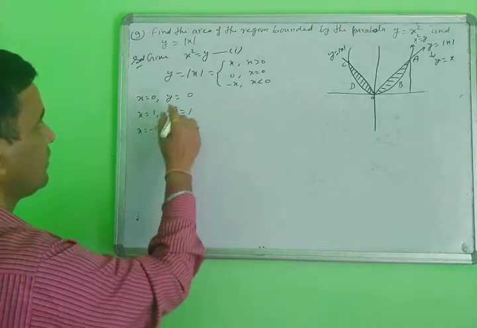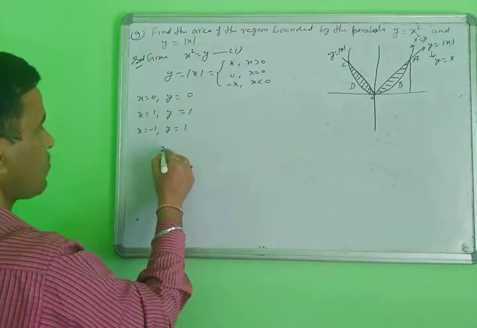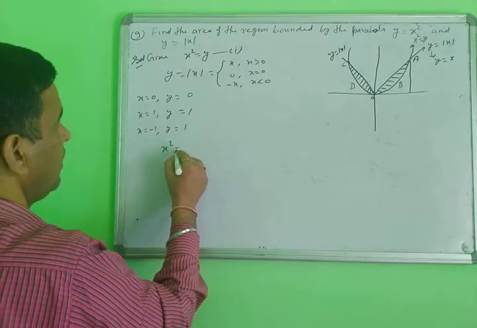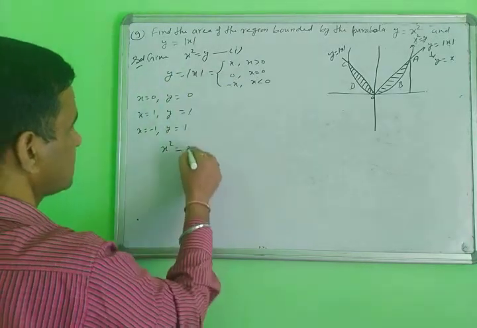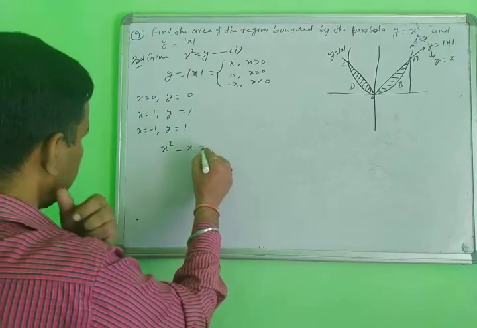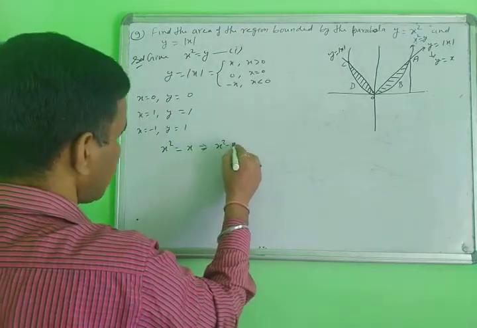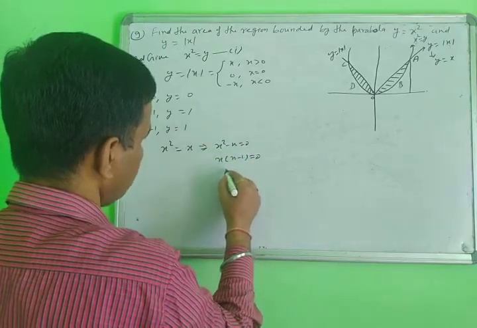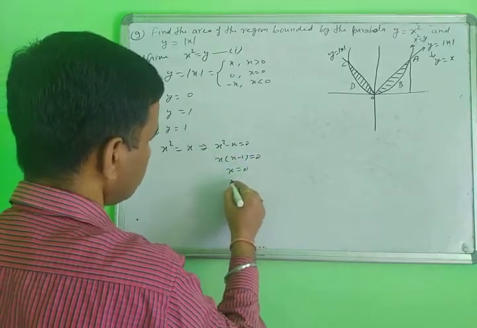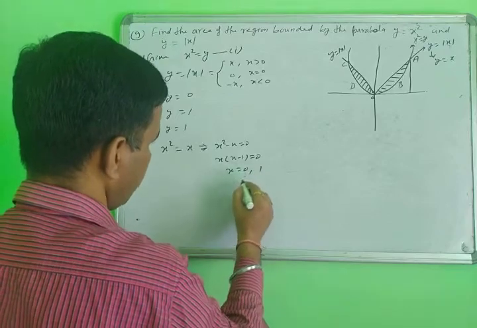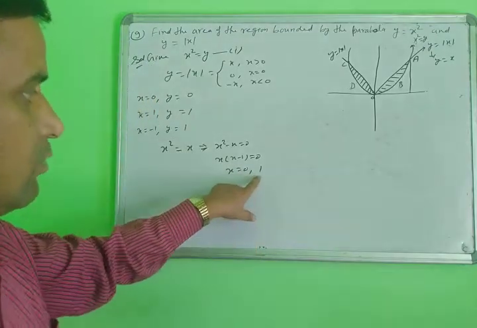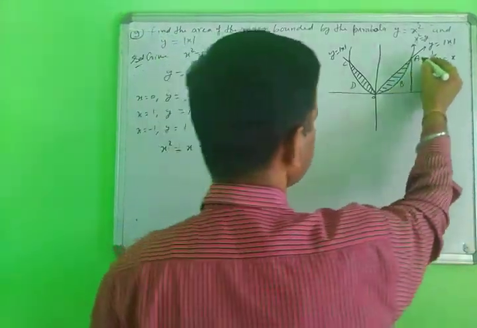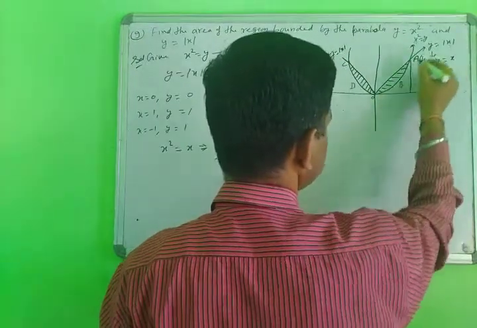For the intersecting point, x square equal to y equal to x. Then you get x square minus x equal to 0. Taking x common, x minus 1 equal to 0. So x equal to 0 and 1. Here the coordinate, x value 1. This is the 0, this is the 1.